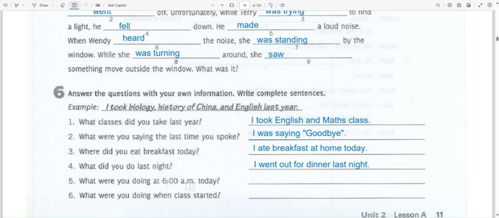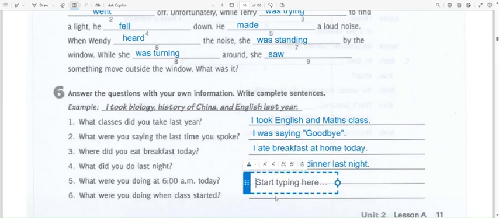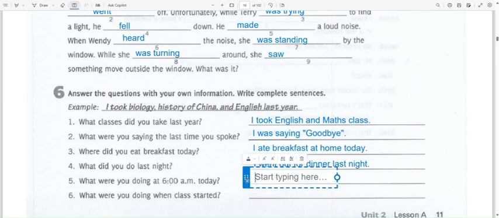What were you doing at 6 a.m. today? That means the question is in the past continuous tense. At 6 a.m. today, I was sleeping.